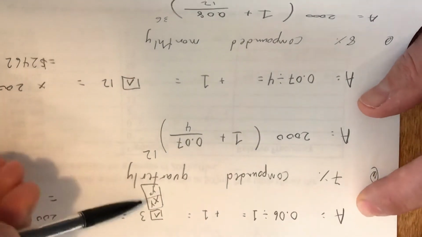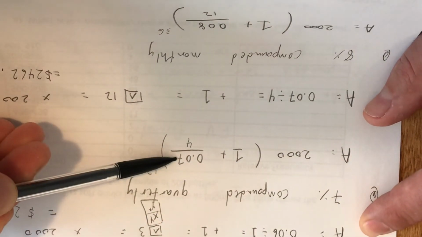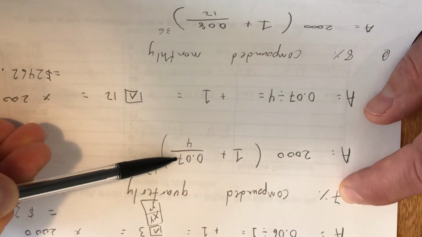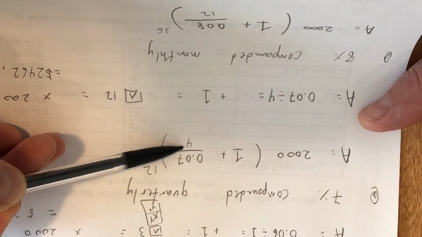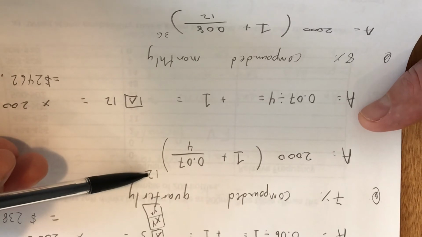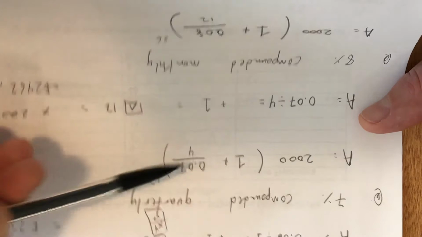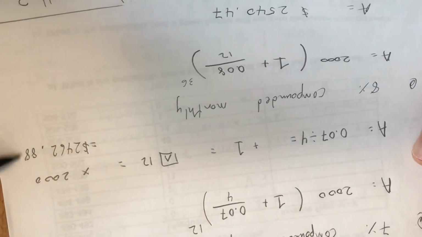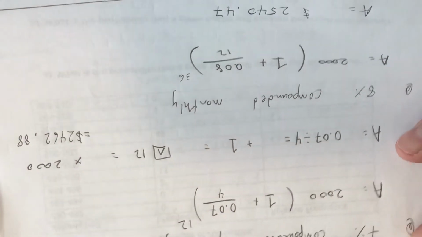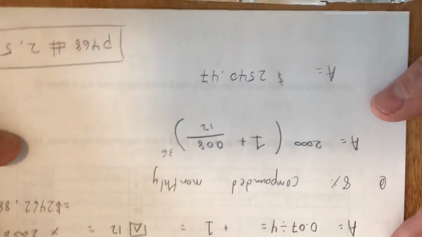Okay, 7% quarterly. What changes is the 0.07, the percentage changed, and quarterly is divided by 4. We're still doing it for 3 years, so 3 years quarterly, 3 times 4 gives 12. Same process. You'll find that $2,000 becomes $2,462.88 by increasing the interest rate and the compounding frequency.